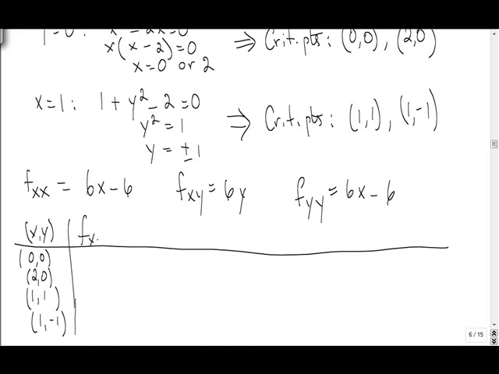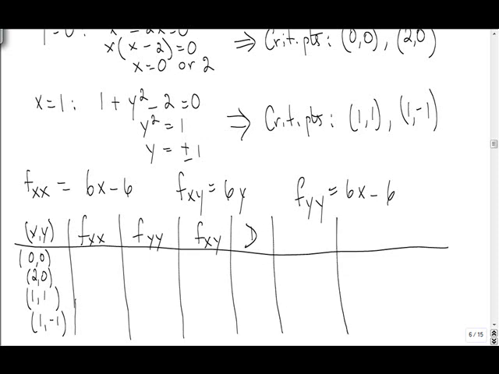Put a column for fxx, another one for fyy, another one for fxy, another one for D, for the type of point, and then finally for f of xy. You can put f of xy first, it doesn't matter. All right, let's do this.